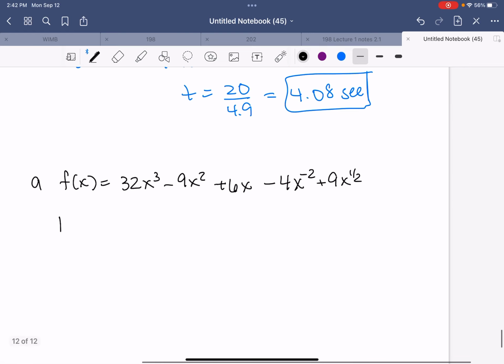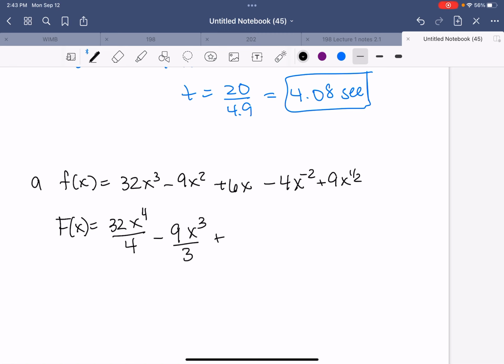And I'm being asked for capital F of x, which is the antiderivative. So I'm taking 32, I increase the power to 4 and divide by my new exponent. Minus 9, increase my new exponent to 3 and divide by it. 6, increase my exponent to 2 and divide by it. Minus 4, increase my exponent by 1 and divide by it.